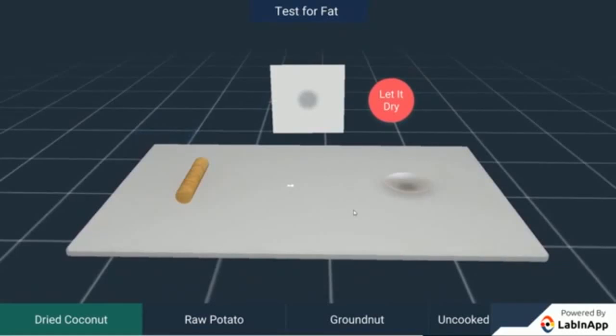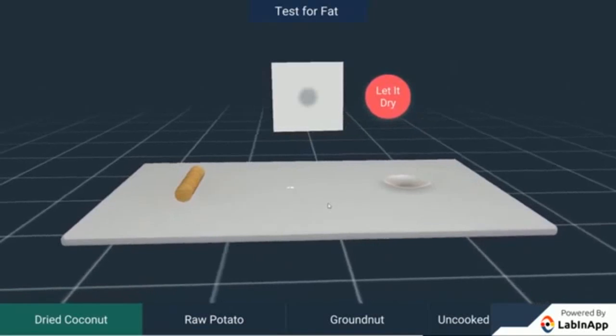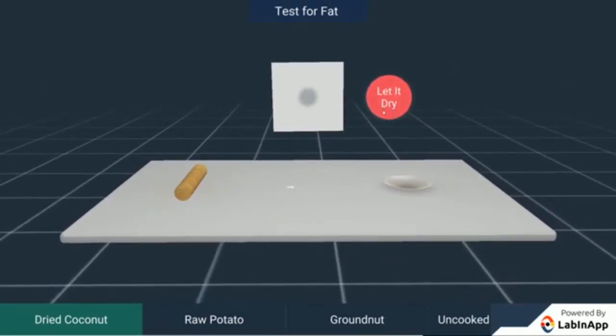You can see that there is an oily patch. Sometimes it may just be water.